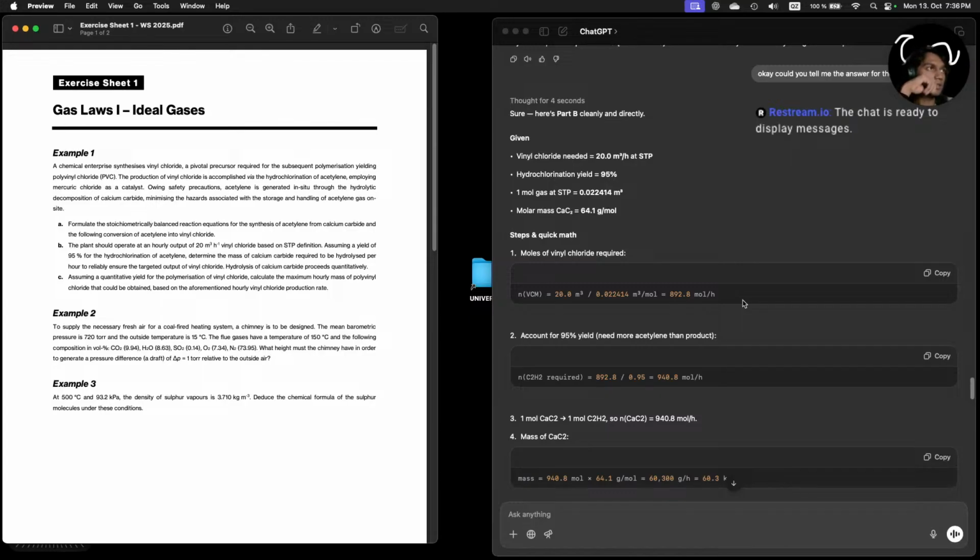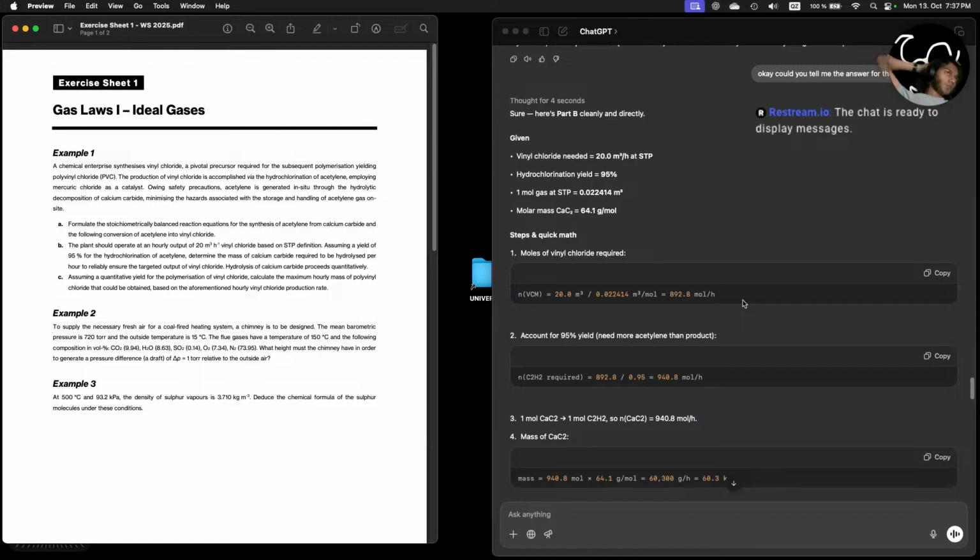So number of moles of acetylene required: 892 moles per hour of vinyl chloride should be made.